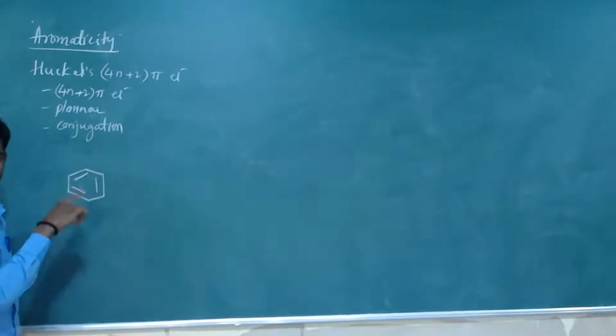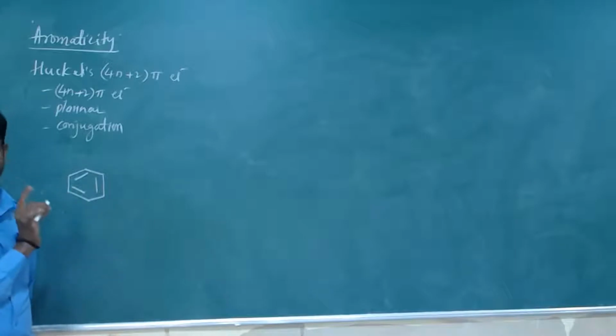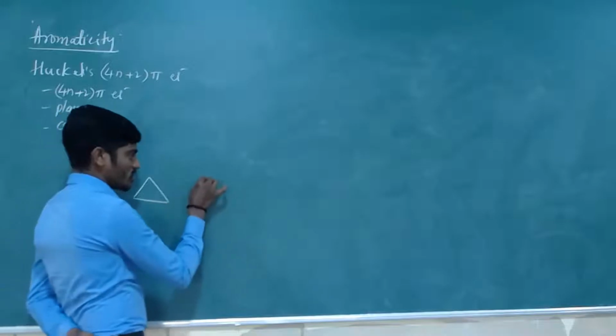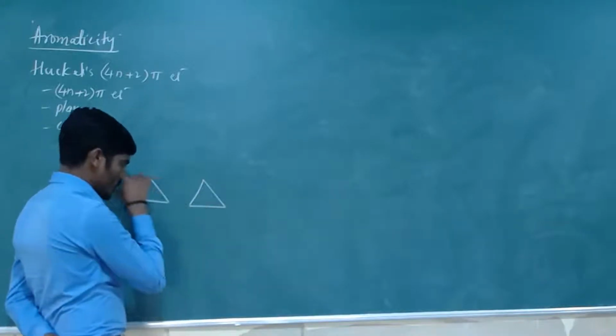Benzene. How many pi electrons are present? This is a planar structure. A 3-membered ring, a planar structure. This is also a planar structure.